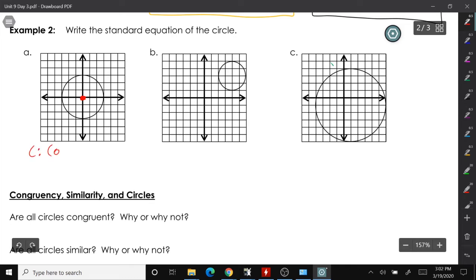So your center is at 0, 0. The radius. Now instead of trying to go diagonally and count, let's count vertically or horizontally. Go 1, 2, 3. So your radius is 3. That's going to give us x squared plus y squared equals 3 squared, which is 9.